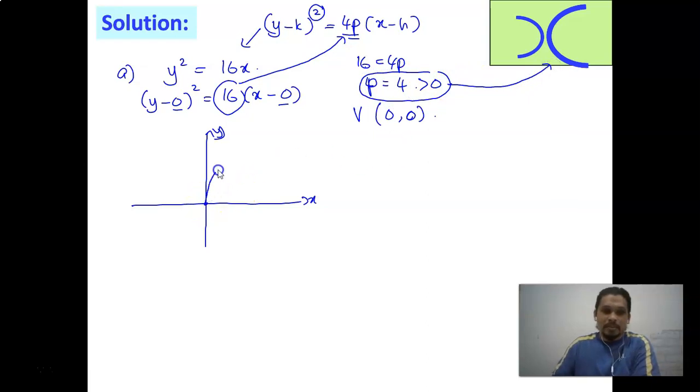Now p is 4, which means from (0, 0) we move 4 units to the right: 1, 2, 3, 4, somewhere around here. This is the coordinate of the focus, which is (4, 0).